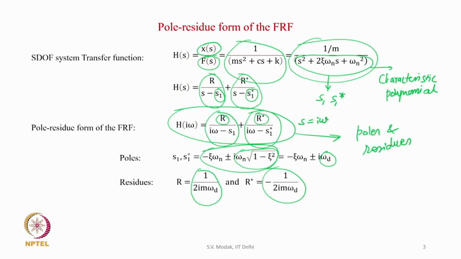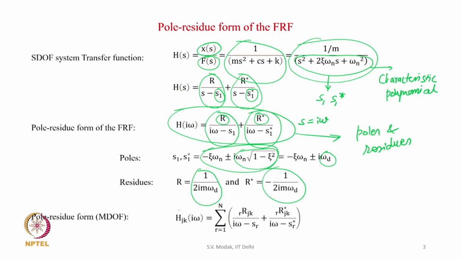So, for an n degree of freedom system there will be 2n poles and 2n residues, and these poles and residues will be in complex conjugate form. So, there will be effectively n complex conjugate poles and residues. This is something we have studied earlier in our lecture on the multi-degree of freedom system with non-proportional viscous damping.